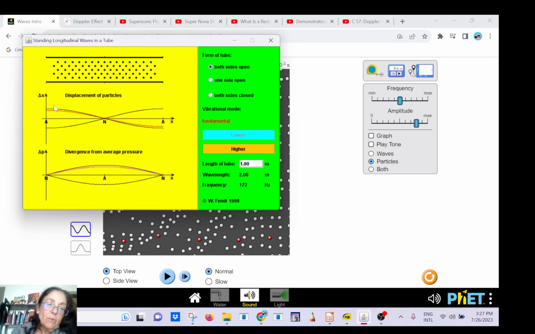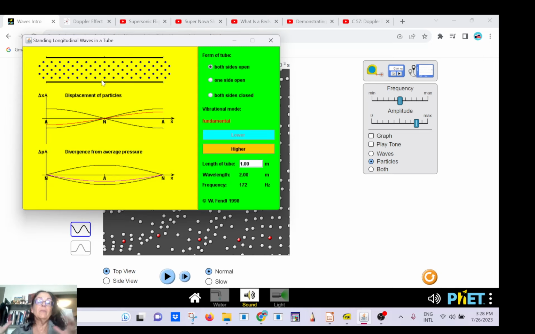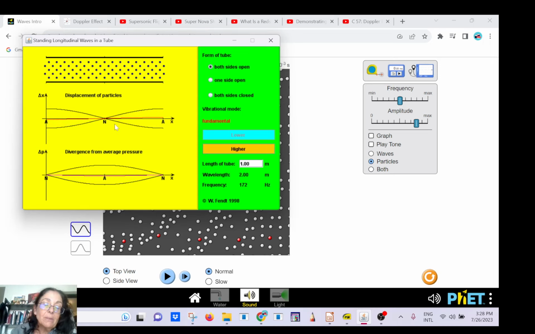But instead of looking at the displacement, and there is a linear relationship between them, you can look at the pressure. So you see here, this is high pressure, the maximum pressure when everything is squeezed together, or it's going to be minimum pressure when they all move away from each other. So that will be the pressure relative to the atmospheric pressure.